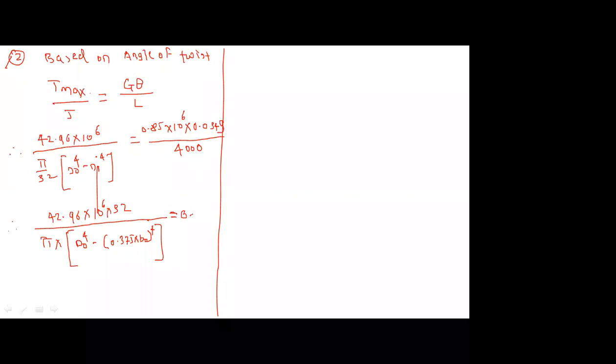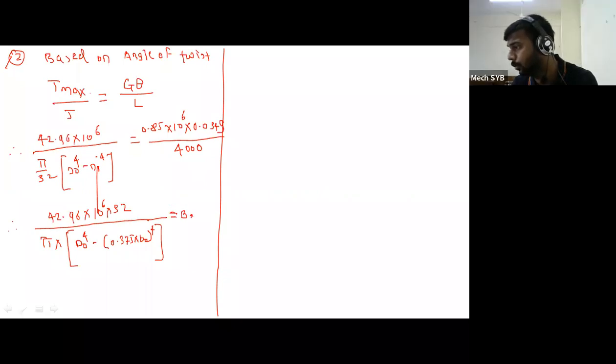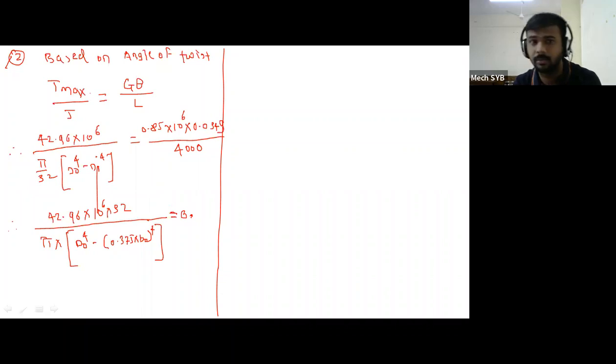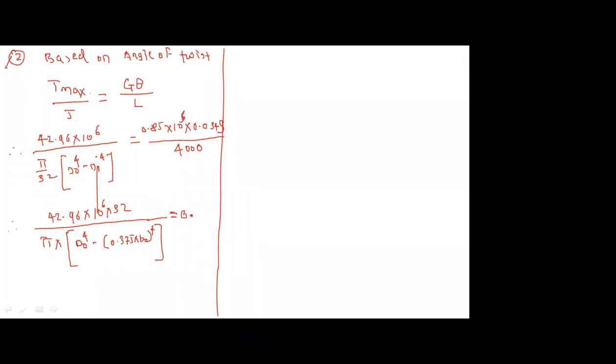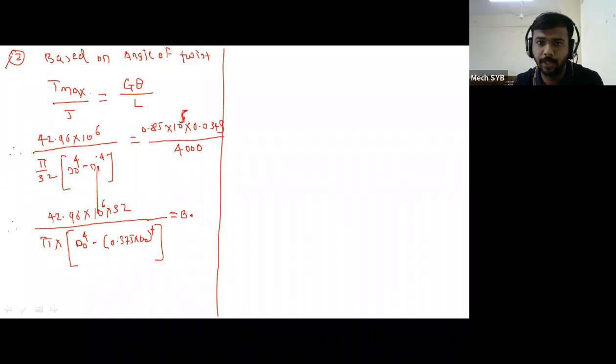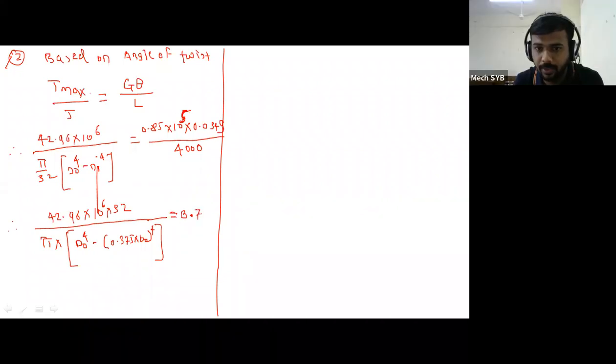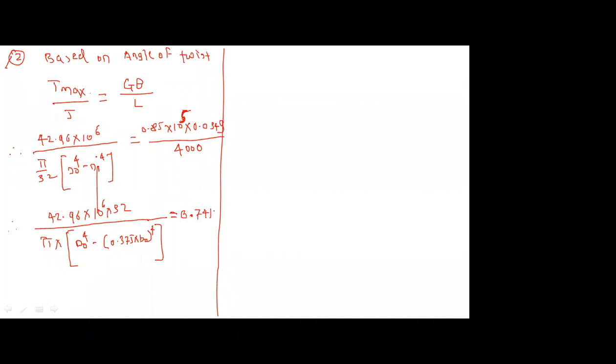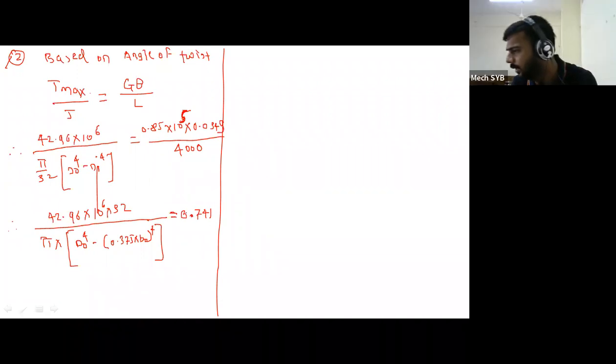741.62 into 10 raised to minus 3. Sorry, 741.62. This is 0.85 into 10 raised to 5, not 10 raised to 6. 0.741, 1.62 into 10 raised to minus 3.